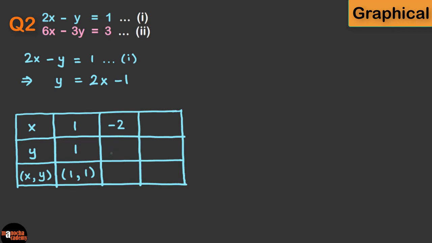Note you can take negative values of x also, but just make sure that the point (x, y) fits in the graph. Again, substituting the value of x, we get y as minus 5. So we have our second point, (-2, -5). For the third point, let's take x equal to 3, and on solving, we get y equal to 5. So we have our third point, (3, 5).